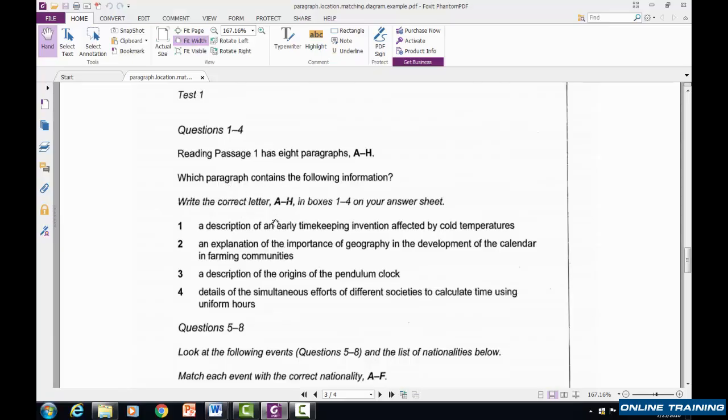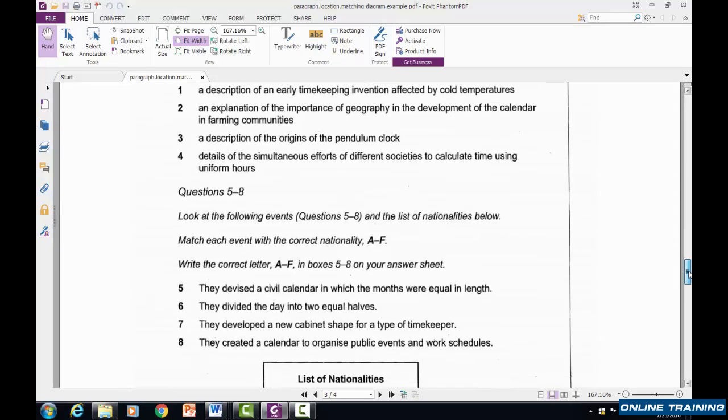What we would do is look at numbers 1, 2, 3, and 4 and circle the key words in each one, like timekeeping and cold temperatures, explanation of the importance of geography and a calendar, and farming. Pendulum clock, really good, and simultaneous efforts to calculate time and uniform hours. So I would circle those keywords for the paragraph location question, and then I would leave it. Don't do it right now. Leave it. Okay? And then you want to do your matching question.